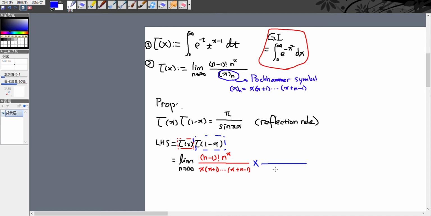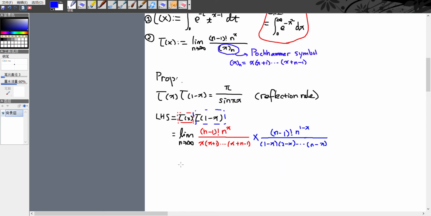So the next term is just equal to (n minus 1) factorial times n to the 1 minus x over (1 minus x) times (2 minus x) times all the way to (n minus x). It's just a simple substitution of the Pochhammer symbol, and we replace all the x by 1 minus x.